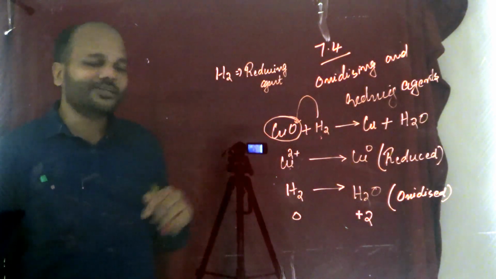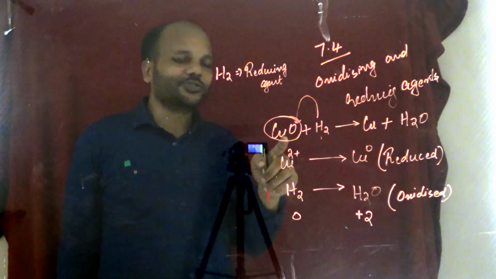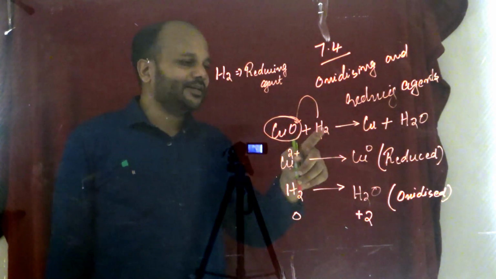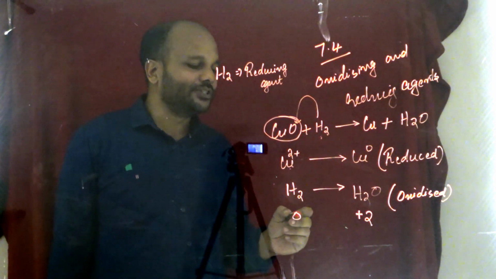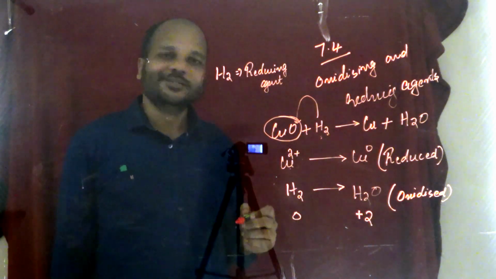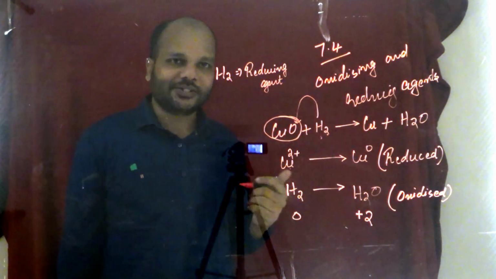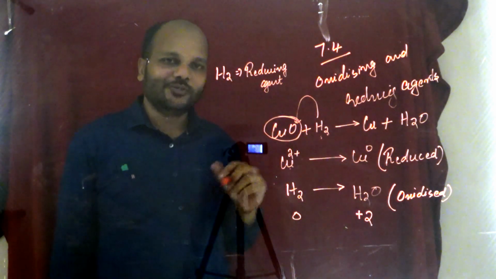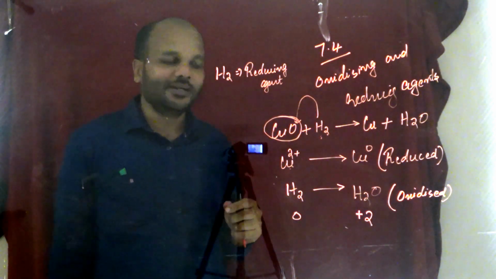Any agent which is reducing another substance is a reducing agent. Now which one is the oxidizing agent in this? Copper oxide: what has it done to the hydrogen? Hydrogen has gone from 0 to +1 oxidation state. When the oxidation state is increasing, it is undergoing oxidation.